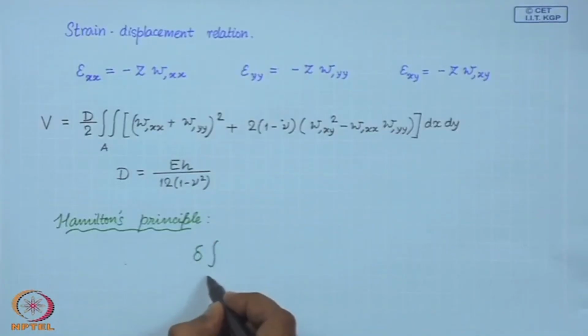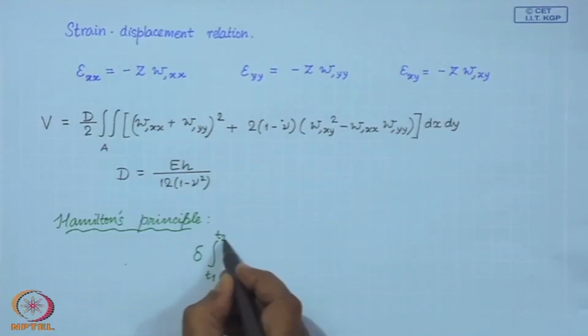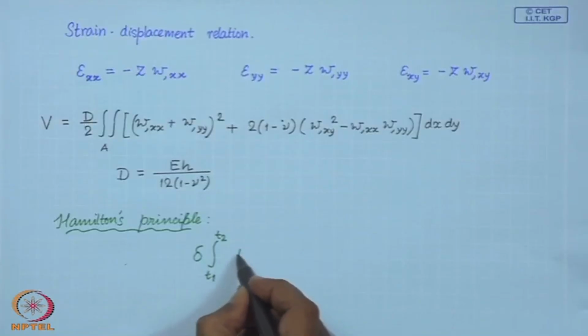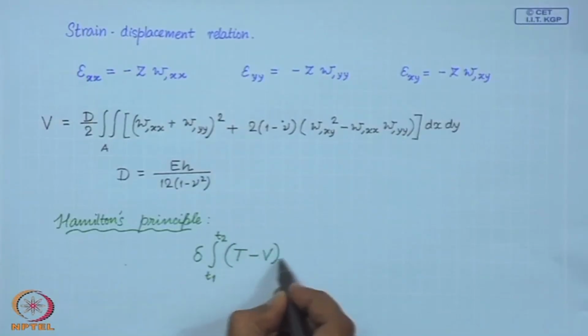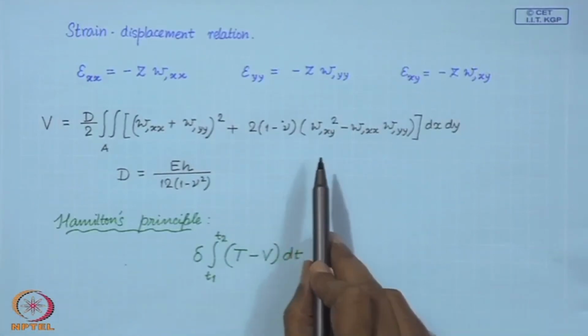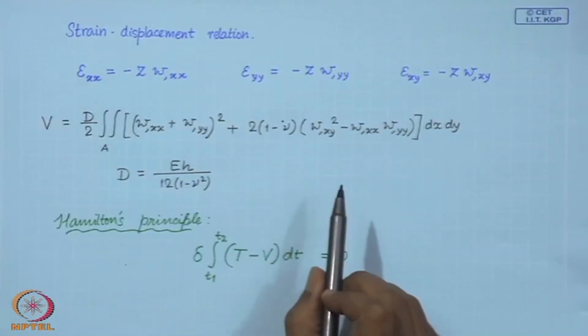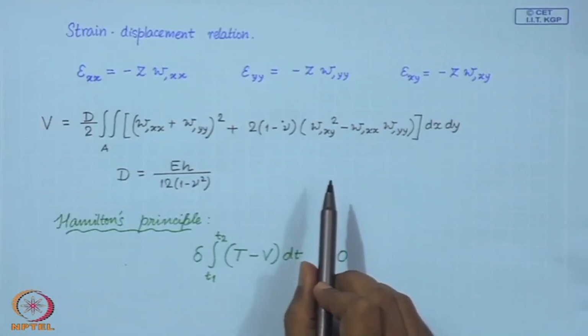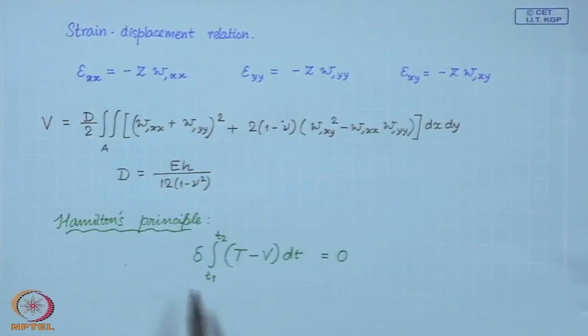Hamilton's principle says that this variation must vanish. So, we have these expressions of the kinetic and potential energy, and if you want to derive the equation of motion, then you must follow the procedure that we have discussed in case of other structural elements like strings, membranes, etc.